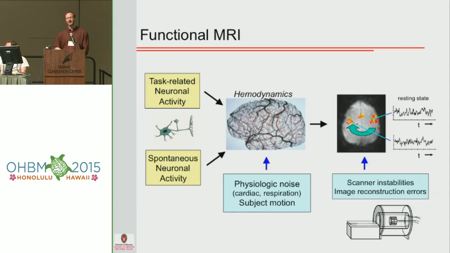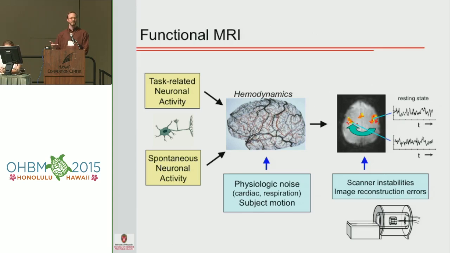I'm also going to show a slide illustrating how we calculate functional connectivity. It could be done from the same data, or you could do it from resting state data, where you're looking at similarities in the fluctuations between two regions and inferring functional connectivity that way, based largely on correlations in spontaneous activity, but of course also related to any other mental activity going on either during a task or during rest.